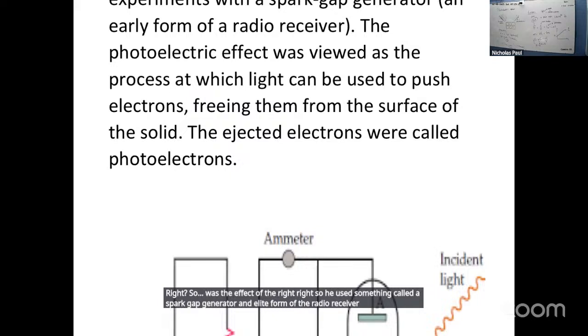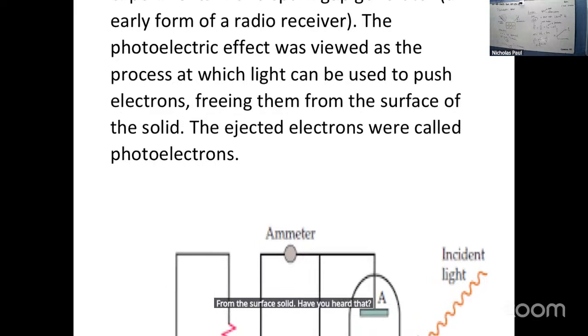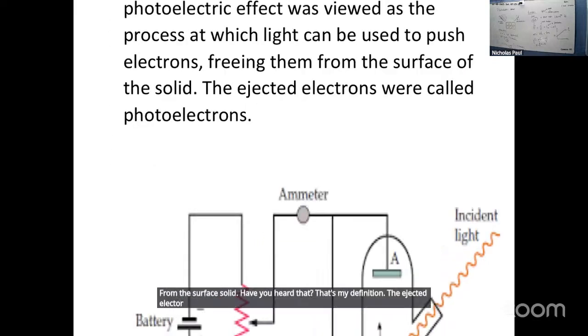The photoelectric effect was viewed as a process in which light can be used to push electrons freely from the surface of a solid. Everybody clear with that? That's the definition. The ejected electrons are called photoelectrons. Everybody clear with that? Yeah?